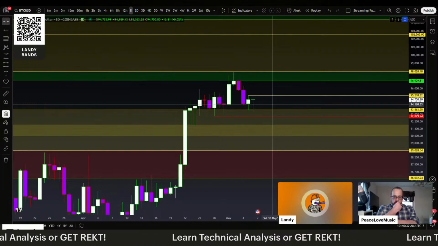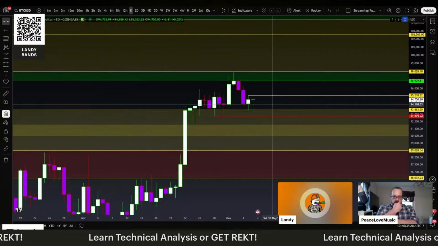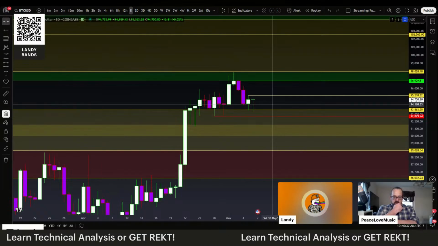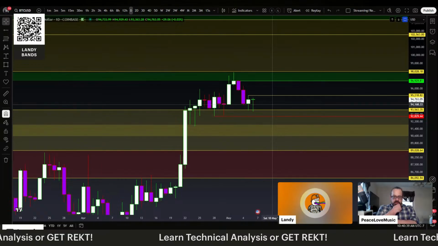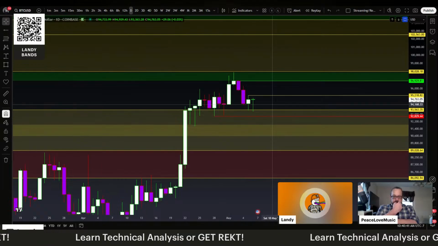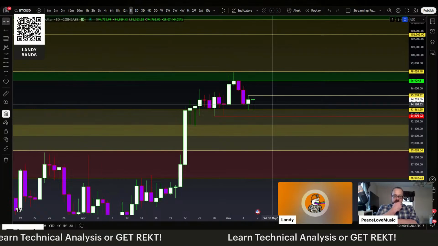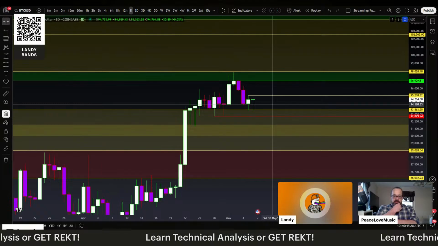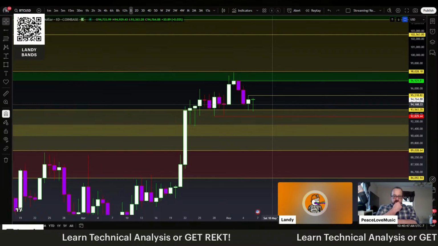If you don't do any of this, you have no information to plug into a checklist of like, this checks all the boxes for a long, this checks all the boxes for a short. And if those boxes checked are a scalp or a swing.